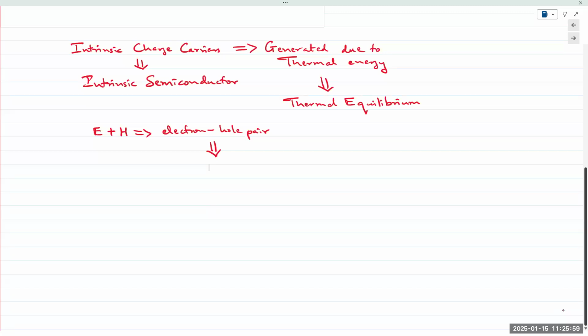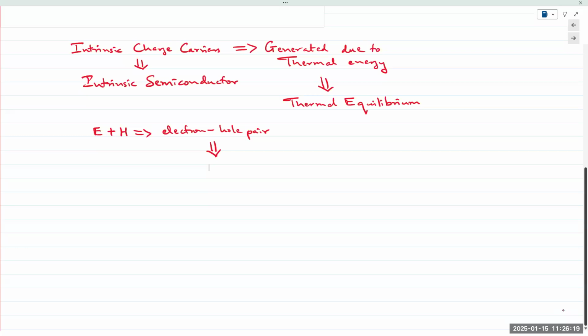Okay. And we are talking in terms of free charge carriers, right? As long as the electron is moving around, it is free to carry charge. It is free to conduct electricity. But as soon as it jumps into a spot, a bond is established, the negative charge carrier is out, and so is the positively charged hole.